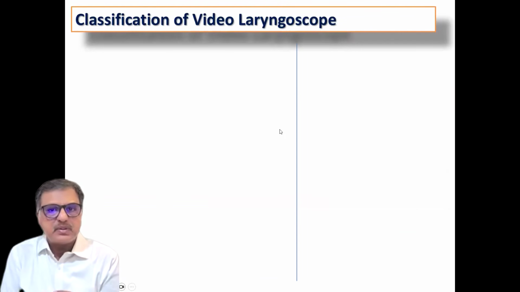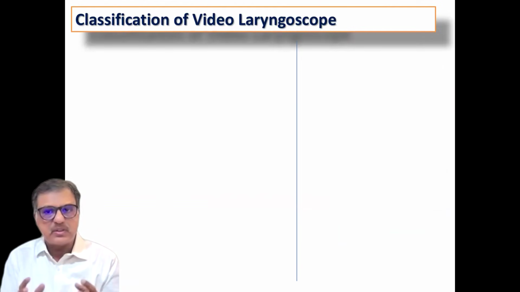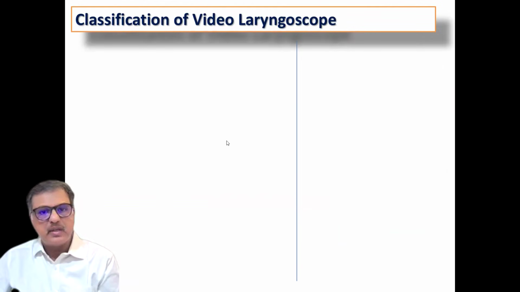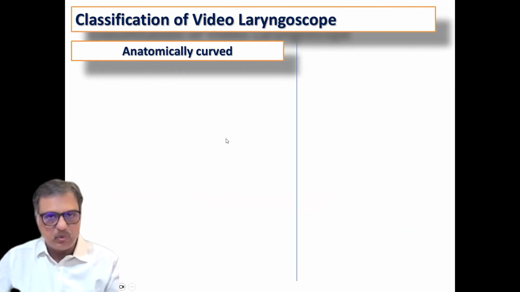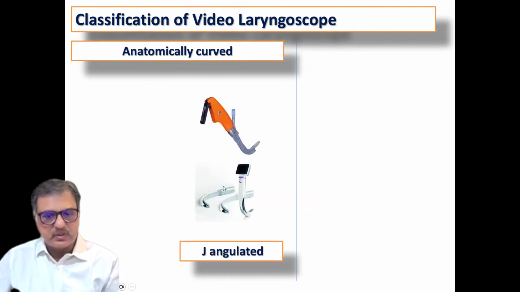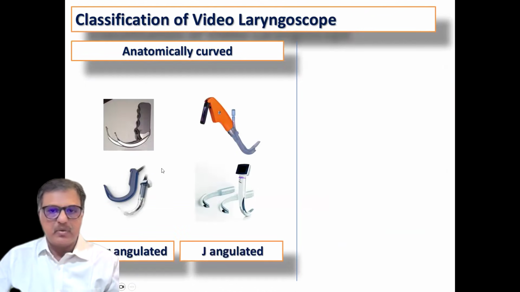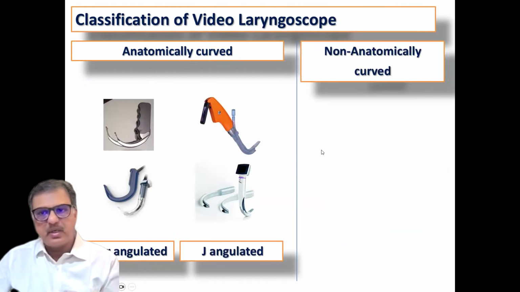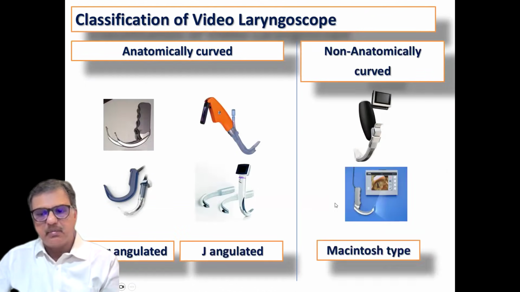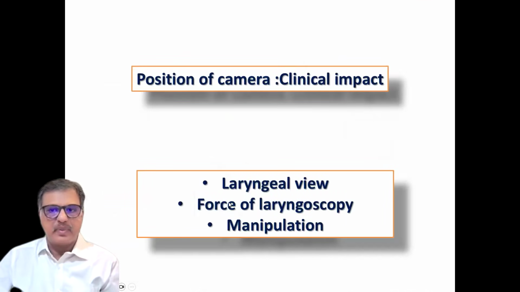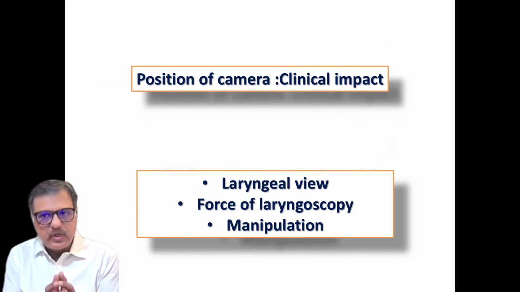So in simple terms, videolaryngoscopes can be classified into anatomically curved blades, which are J-angulated and hyperangulated, and non-anatomically curved blades, that is the Macintosh type of blade. And in an anatomically curved J-angulated blade, there is a channeled one and a non-channeled one.